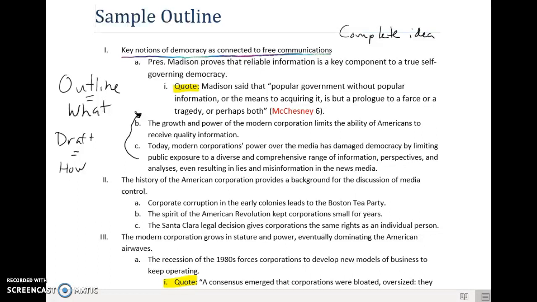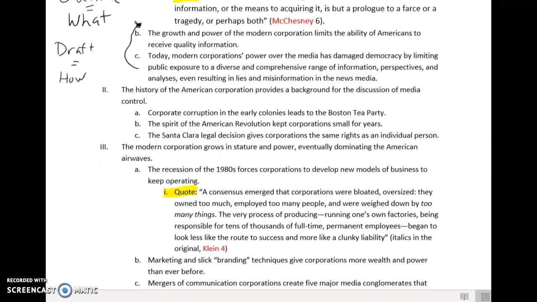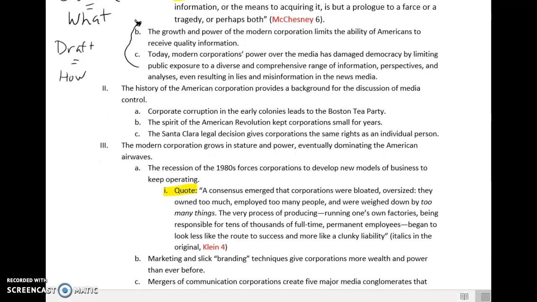You're not going to actually know what you want to say unless you have complete ideas listed. In other words, you shouldn't have just one or two words to establish a point. Let's take a point down here: corporate corruption in the early colonies leads to the Boston Tea Party.